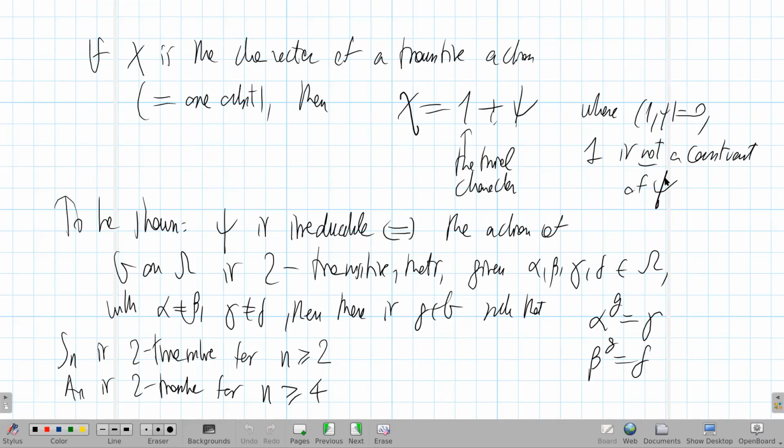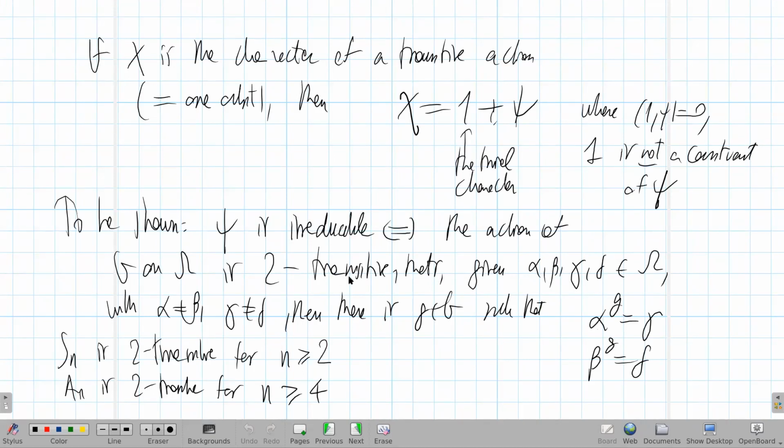Now, what I want to show is the equivalence between these two concepts. Psi is irreducible, in general psi won't be irreducible, if and only if the action of G on omega is two-transitive. What does it mean to be two-transitive? Well, transitive is a particular case, one-transitive, meaning that you can take any element to any other element.